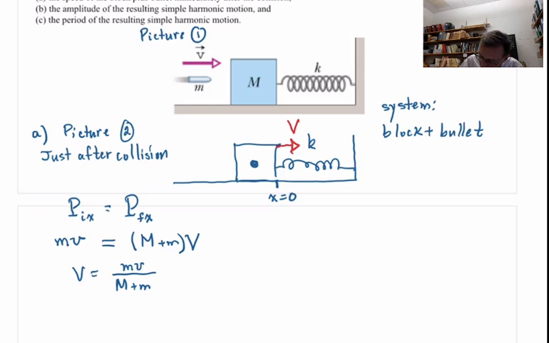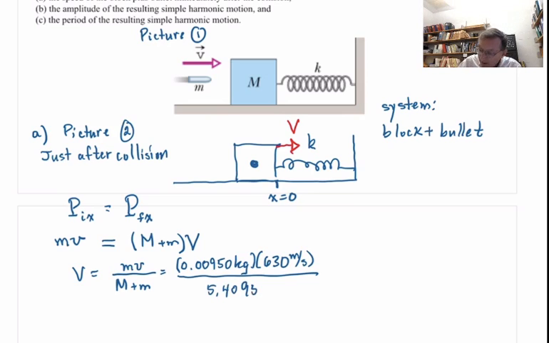Let's put in the numbers. We're told the mass of the bullet is 9.5 grams. Be careful. That's 0.00950 kilograms. Little v is 630 meters per second. Then big M plus little m is 5.4095 kilograms.